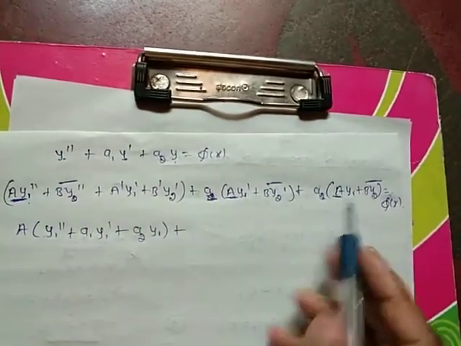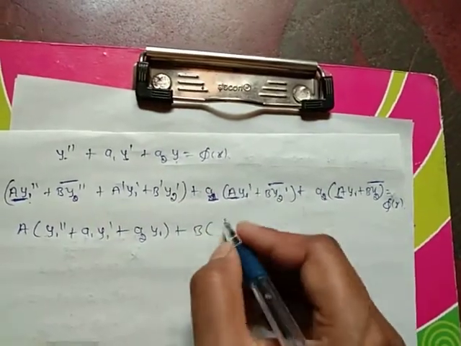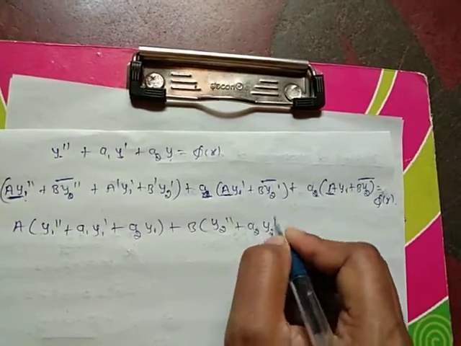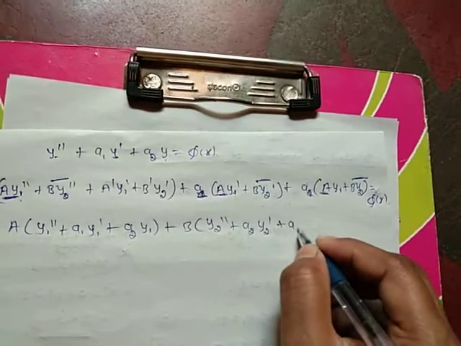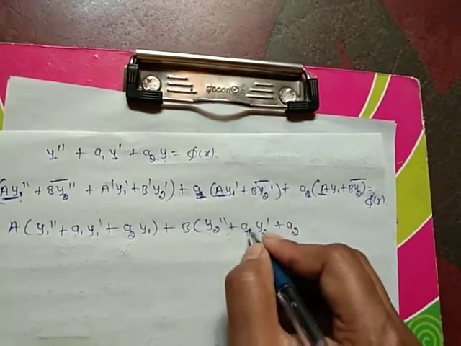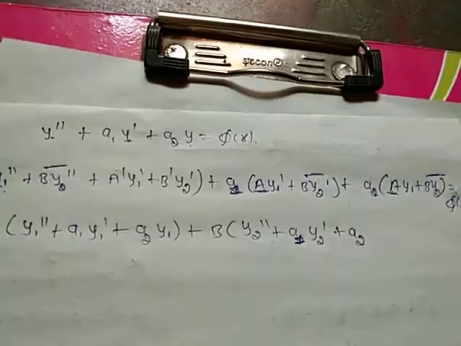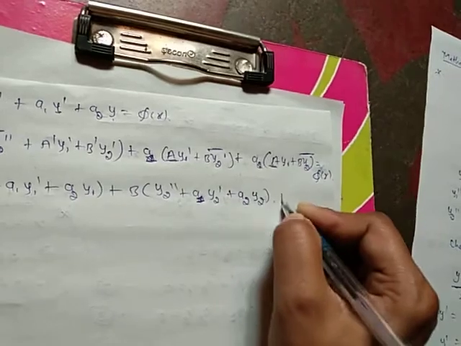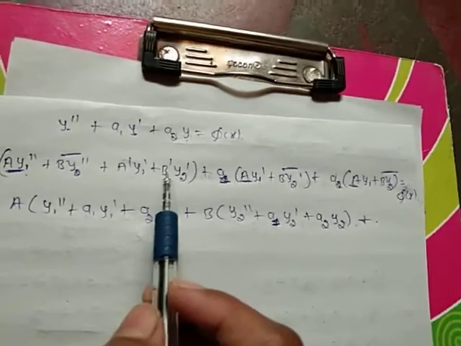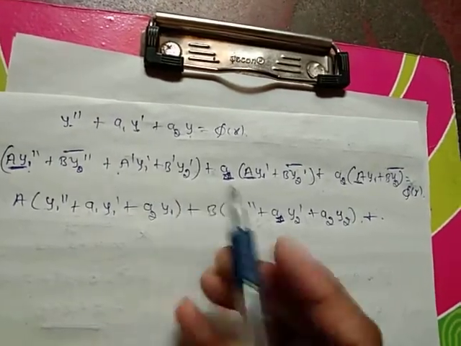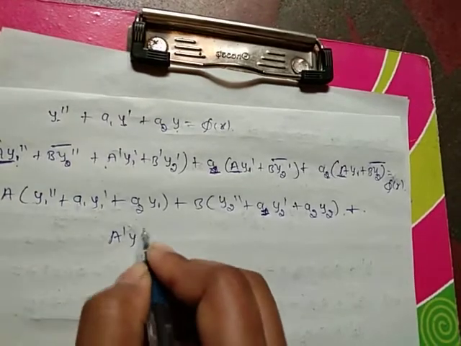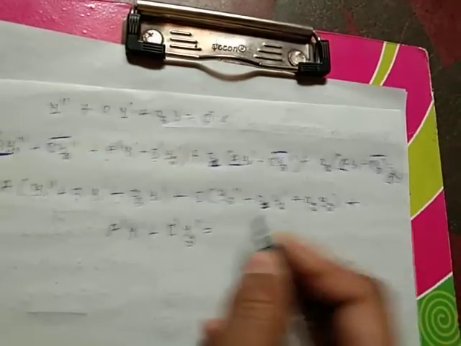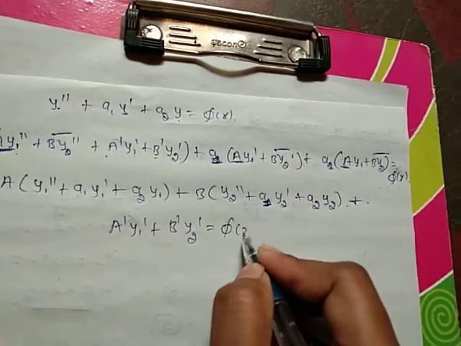In all these, b is common, take that b common. b into y2 double dash plus a1 into y2 dash plus a2 into y2, plus the remaining terms a dash y1 dash plus b dash y2 dash is equal to xi of x.